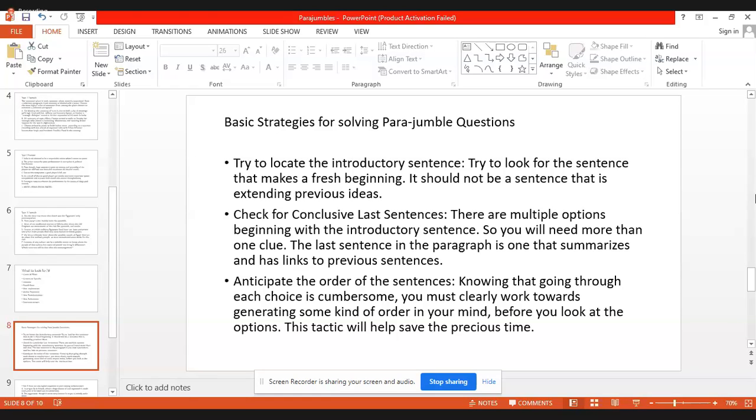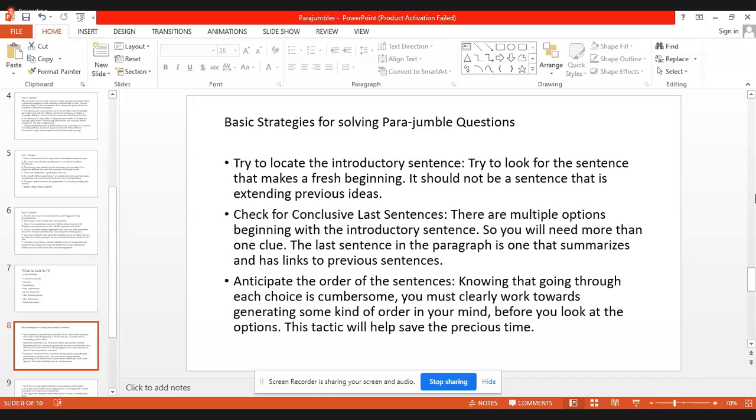So it should look like a summary statement to you. It would necessarily include the things that were spoken about in the preceding sentences, right? And it would be summary type. It would not open up a discussion, it would conclude. So when you read it, you realize, okay.